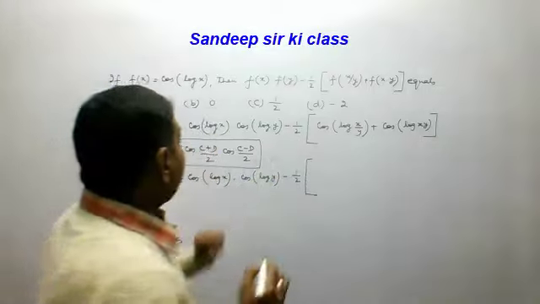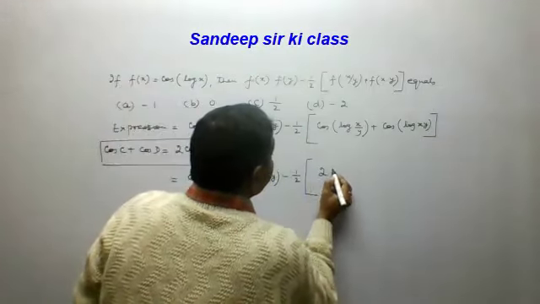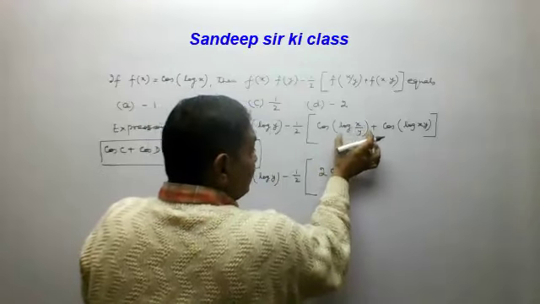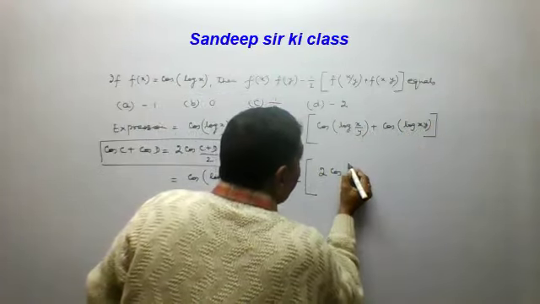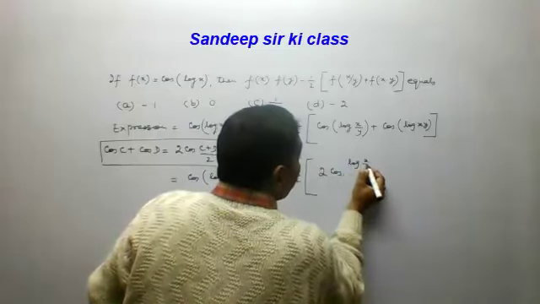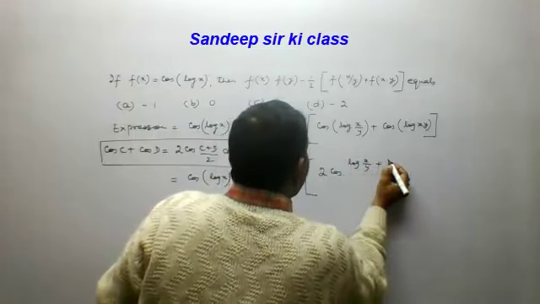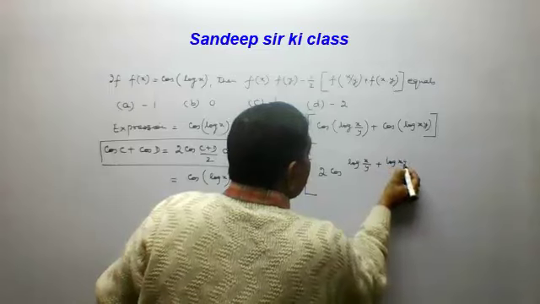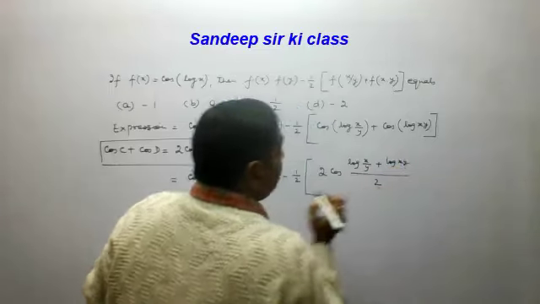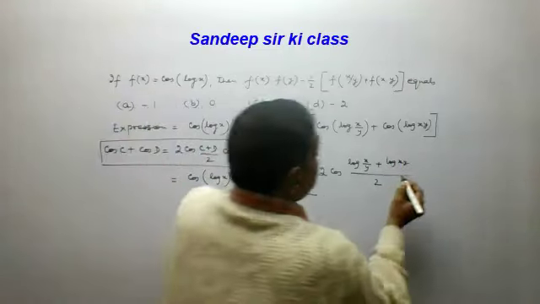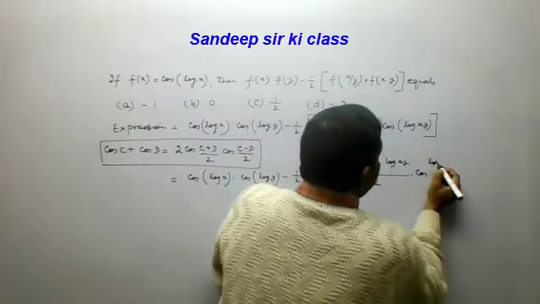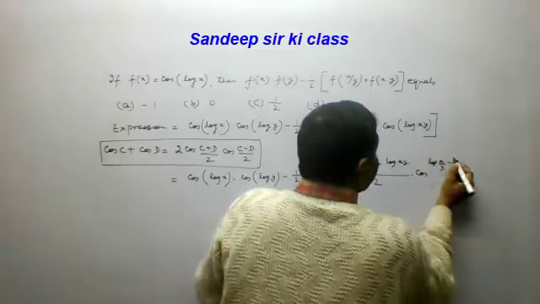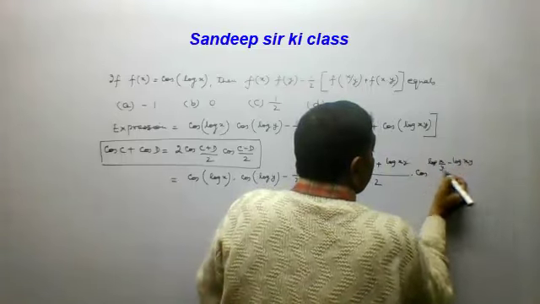Apply the formula here. So it will be 2 cos this plus this upon 2, means (log x upon y plus log xy) upon 2 into cos (log x upon y minus log xy) upon 2.